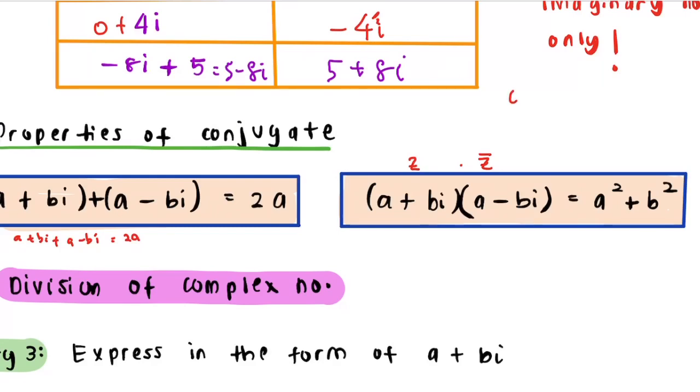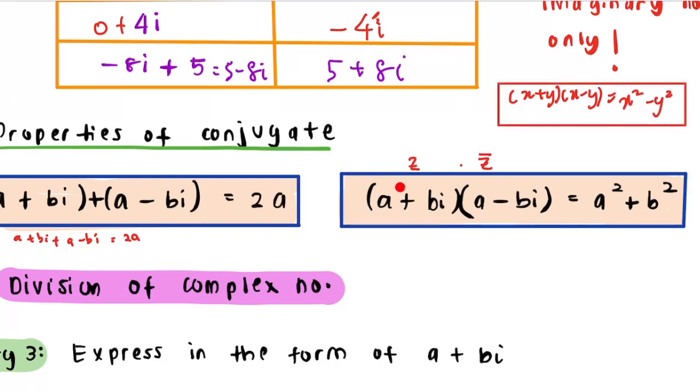Let's see what happens if we multiply with the conjugate: x plus y multiplied by x minus y is equal to x squared minus y squared. So a plus bi multiplied by a minus bi is equal to a squared minus bi squared.